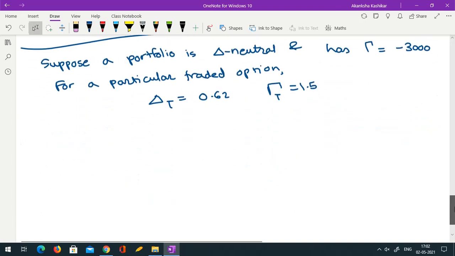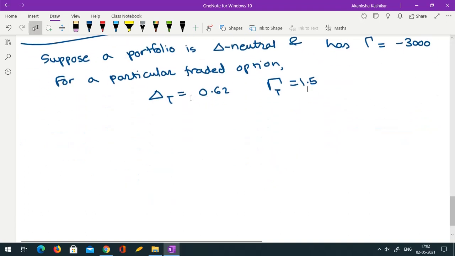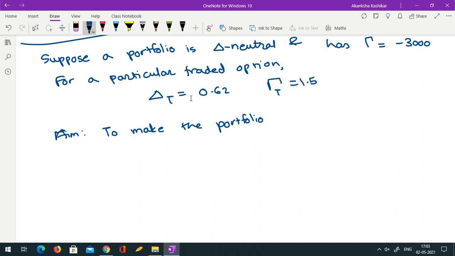Our aim is to make the portfolio delta as well as gamma neutral. Delta neutrality has already been achieved, but when we try to make the portfolio gamma neutral, we might end up disturbing delta, so we want to retain that.